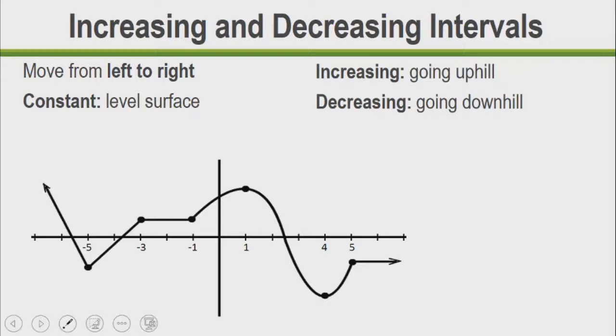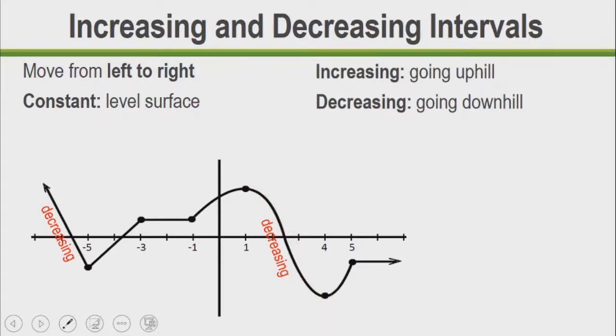So for this particular example, we see that from negative infinity to negative 5, this function is going downhill. That means decreasing. Also, from positive 1 to positive 4, the function also is going downhill.